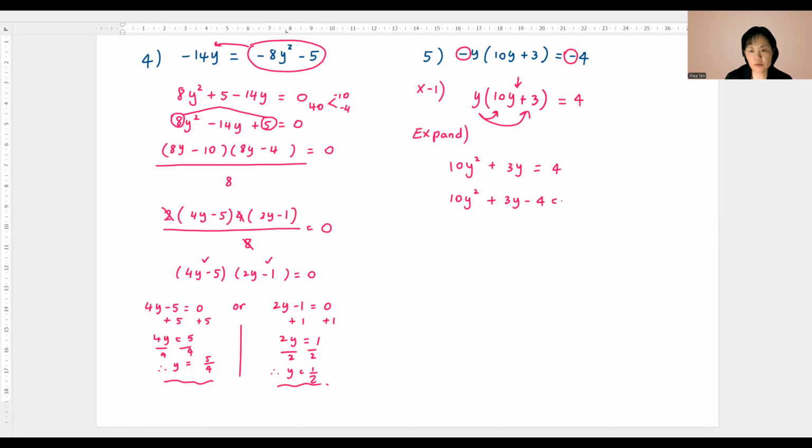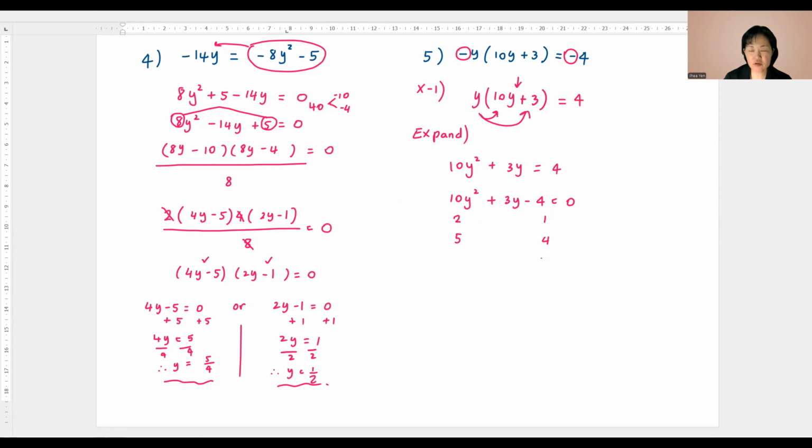Minus 4 equals 0. Okay, now I'm going to do it with the grouping. I'm going to do the factors of 10. I've got 2 and 5. Let me try 2 and 5. And then factors of 4, 1 and 4, and 2, 2. So I'm going to try 1 and 4.